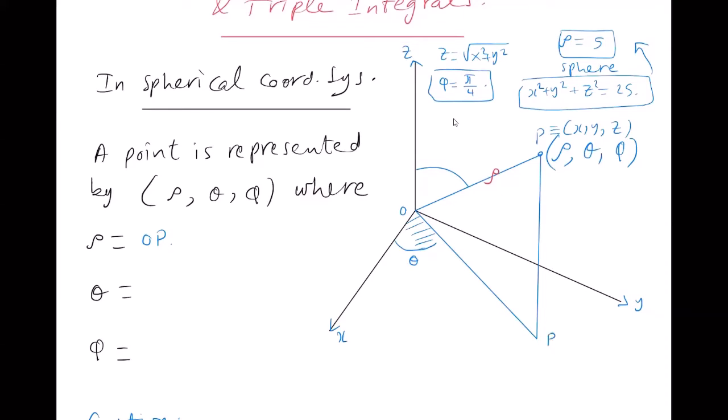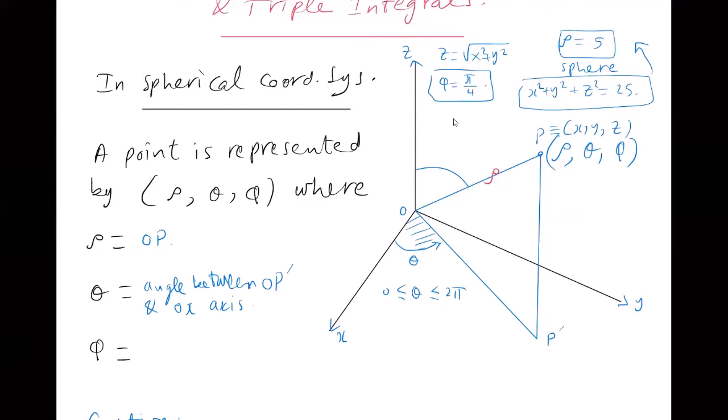So this is P prime, and theta is the angle between OP prime, not OP itself, and the OX axis. Theta can vary from 0 up to 2 pi. You can make a whole cycle with theta.